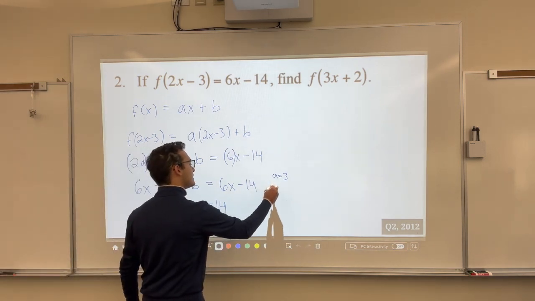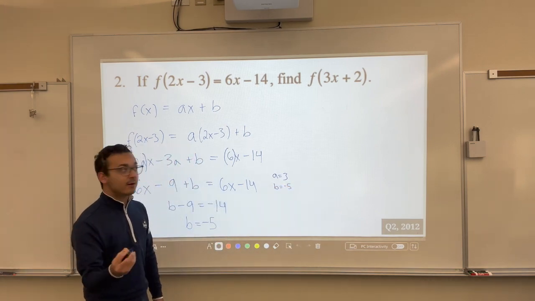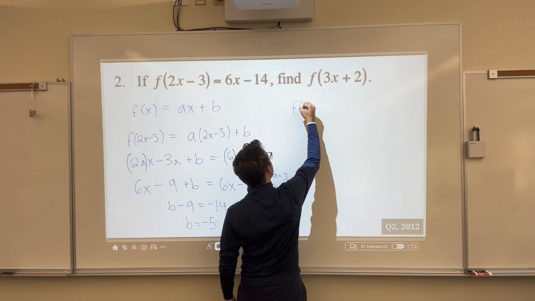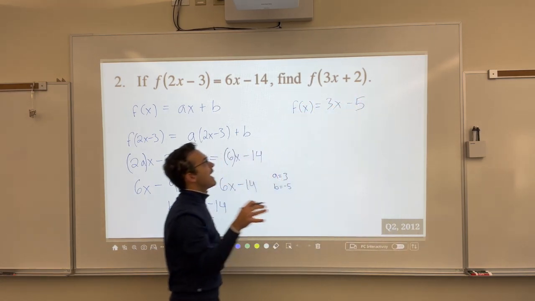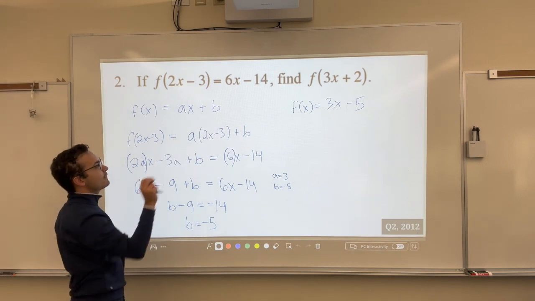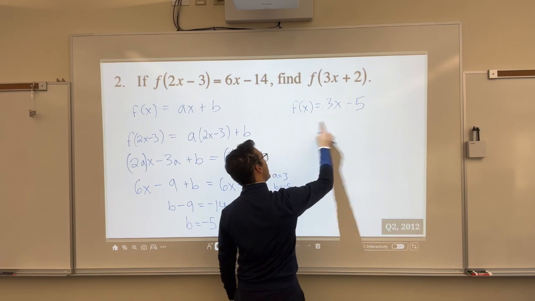So we know that a is equal to 3, and b is equal to negative 5. So we have found our original function. F of x is equal to 3x minus 5. Now that we have that knowledge, we can solve for f of 3x plus 2. All we have to do is plug in 3x plus 2 to this function.